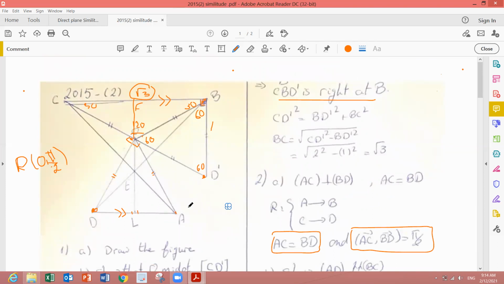What is R prime of A? We have a rotation with center E and angle minus pi over 2. What is the rotation of A?